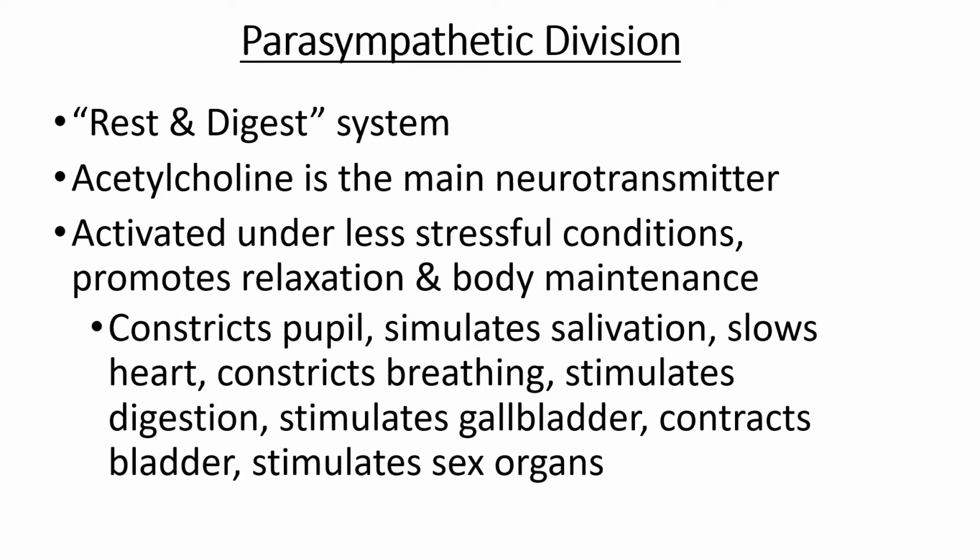So the pupils can constrict. They don't need large amounts of light going in. Salivation will occur to help with digestion. The heart rate will slow down by this system. So nerves will directly go to the heart from the parasympathetic system, release acetylcholine, and slow down the heart rate.